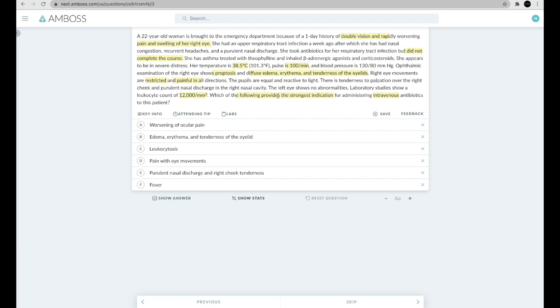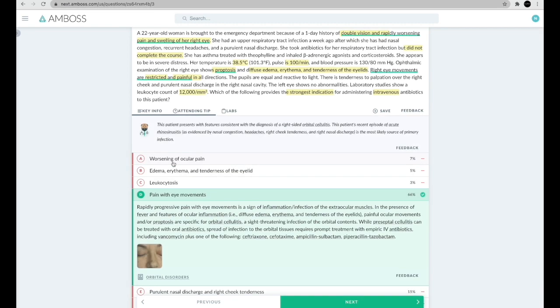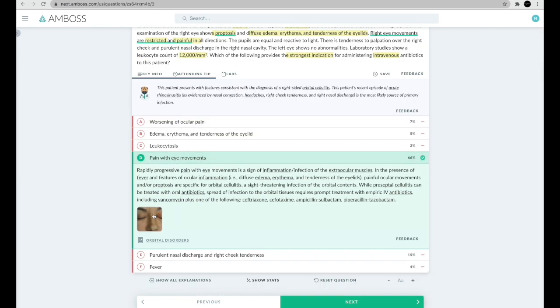It's as if the question wants to ask you this, but instead he's asking you which is the strongest indication for administering IV antibiotics. So here I'm going to pick the answer choice that has the most specific sign for orbital cellulitis, which is pain with eye movement. It indicates there is something wrong in the orbit and not outside it.